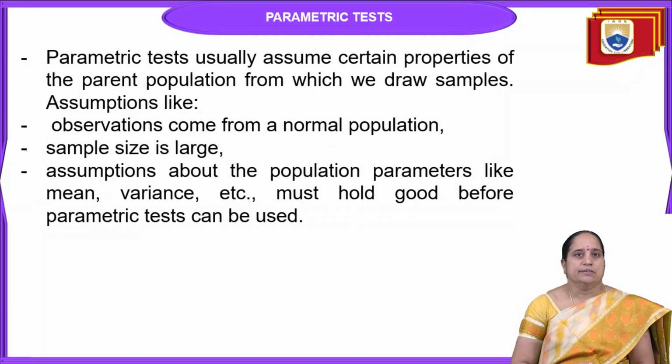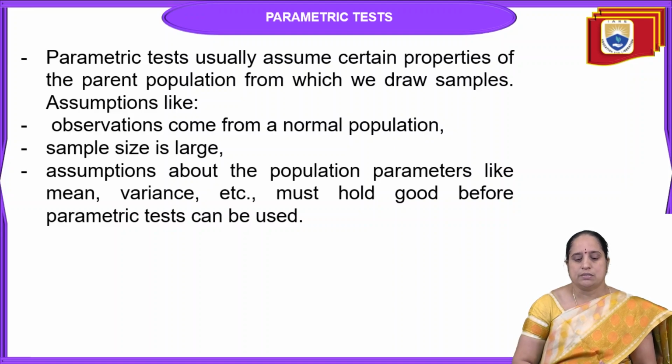A parametric test usually assumes certain properties of the parent population from which we draw samples. These assumptions are: observations come from a normal population, the sample size is large, and assumptions about the population parameters like mean, variance, etc. must hold good before a parametric test can be used.